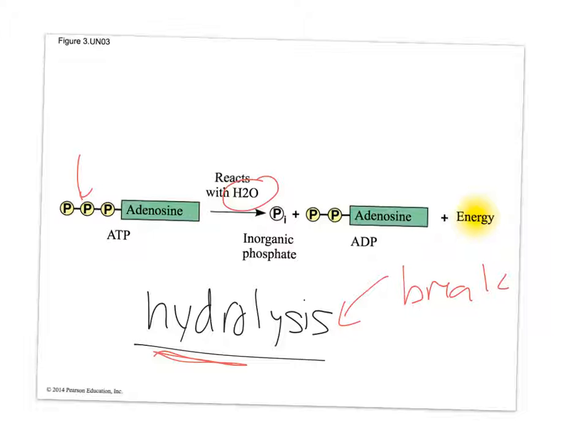So hydrolysis, water breaking. We're using water to break that bond. Questions on that? Any questions on carbon up to there? We'll go into more detail with the carbohydrates and dehydration synthesis and hydrolysis over the next, probably on Monday.